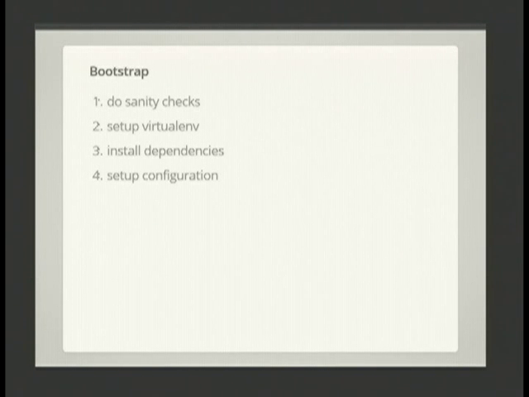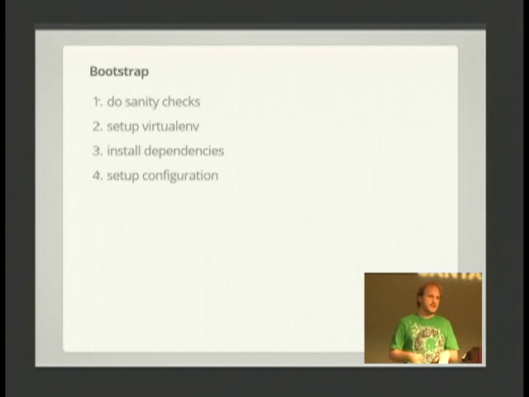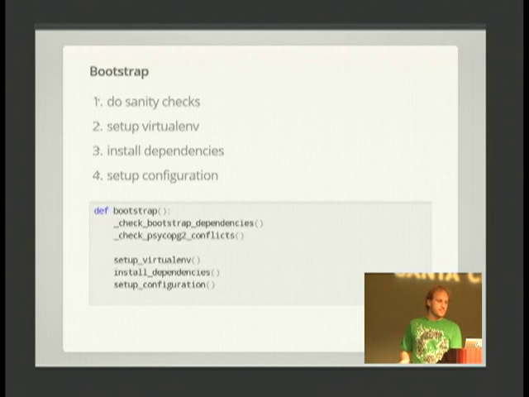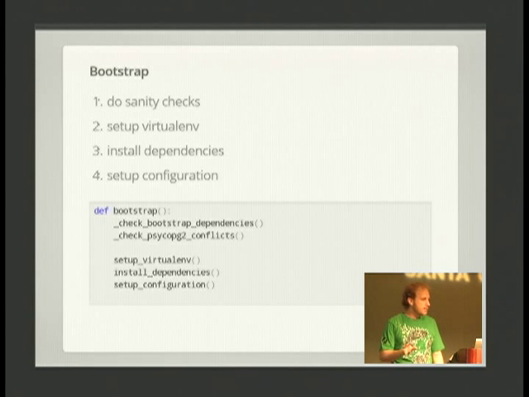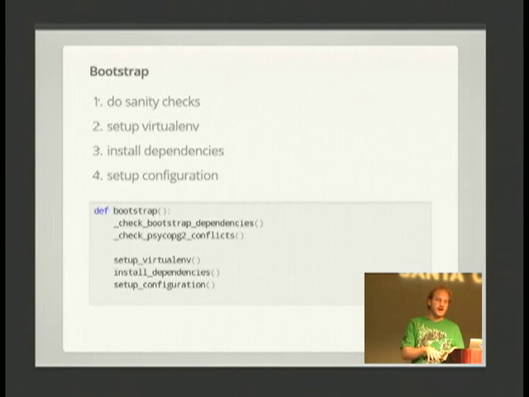So we want to do some sanity checks, and then we want to install all the dependencies, set up the database, etc. A typical bootstrapping is about these 4 steps. We're just doing some sanity checks, doesn't matter now what those are. And then we're setting up a virtualenv, so we can install the dependencies there.